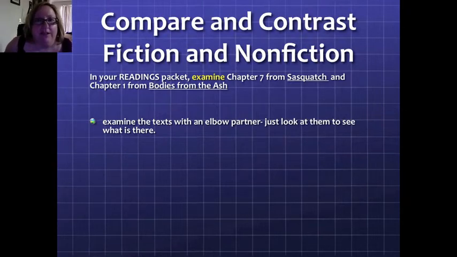If you're wondering what text structures you are looking for, look back at your graphic organizer. You can underline some examples. The guest teacher is going to pause for about 2 minutes while you and the people at your table note the text structures that you see in Sasquatch.